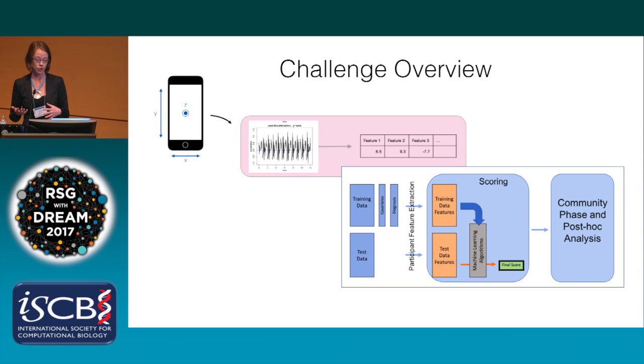We used the training portions to fit models using just a standard machine learning ensemble model, and then we predicted with their test features to come up with a score. And because we've asked for these features for all of the data, even including data that we didn't use to score, we really hope that we're going to have a really rich and interesting community phase.